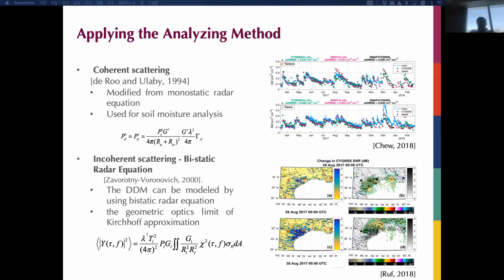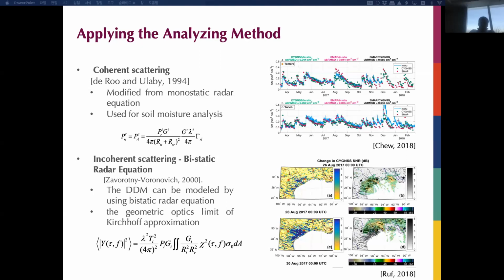Coherent scattering is when the signal comes from the GNSS satellite and the reflected angle is very similar to the incidence angle. Incoherent scattering is when the reflected angle is very different from the incidence angle.